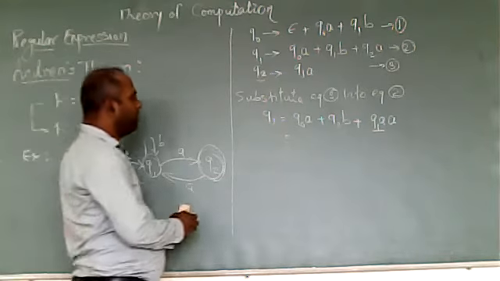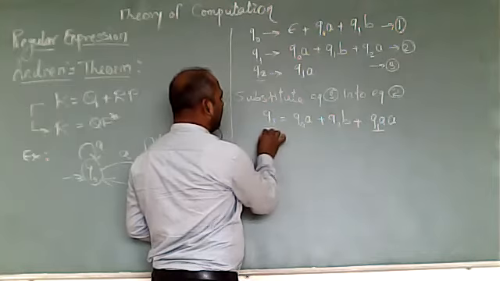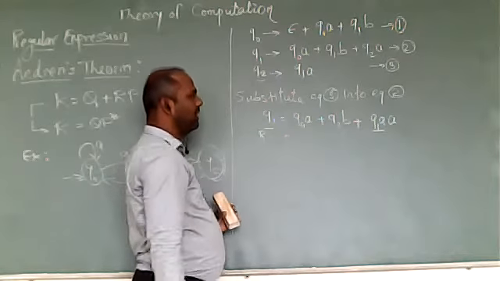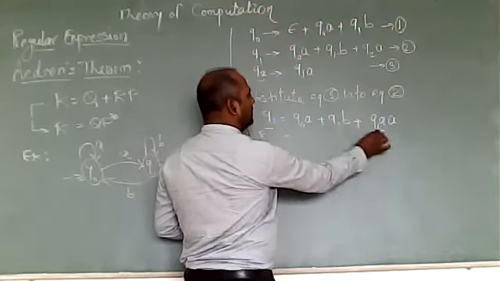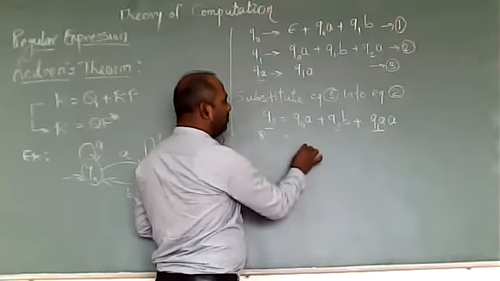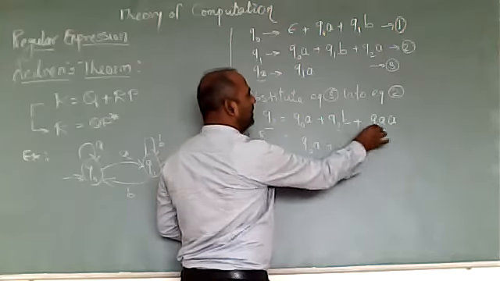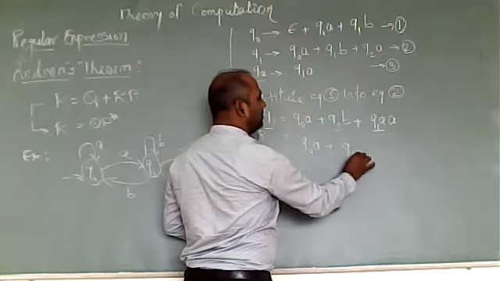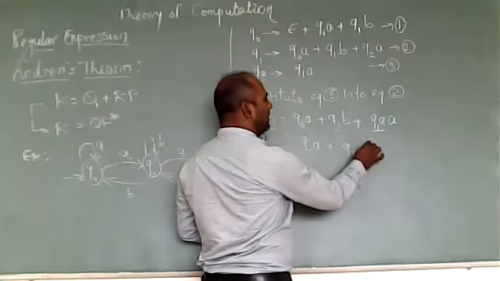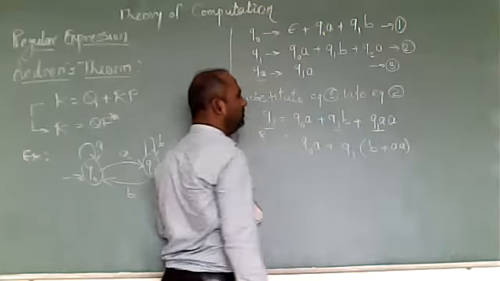Okay, so now we are identifying this as R, because Q1, Q1, Q1. So we'll just take Q1 as common. So Q0A plus Q1 common, and here the remaining is B plus AA.